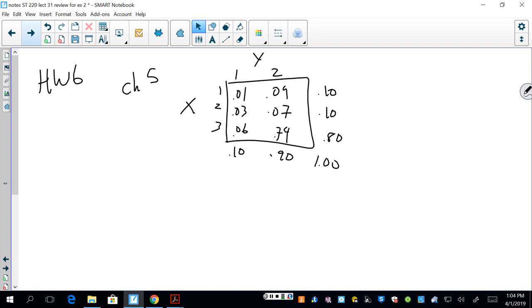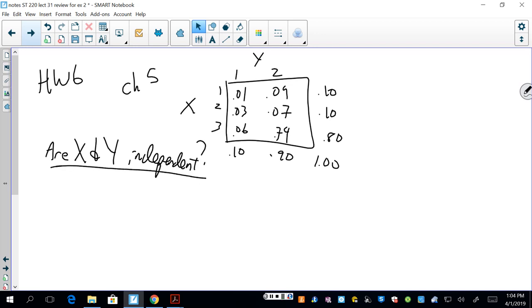Are these two things independent of each other? For independence, you want the probability of two values x and y to be the probability of the x value times the probability of the y value, for all pairs.